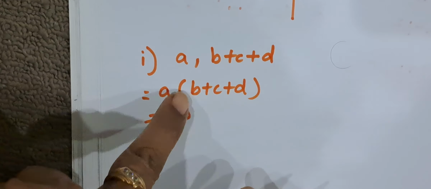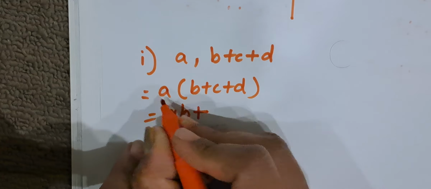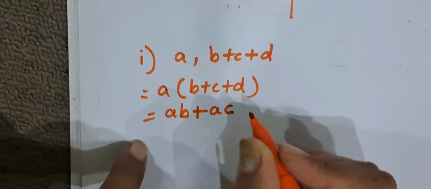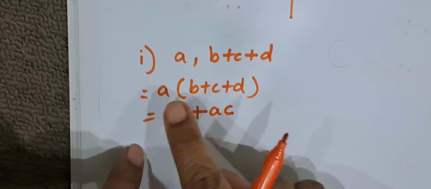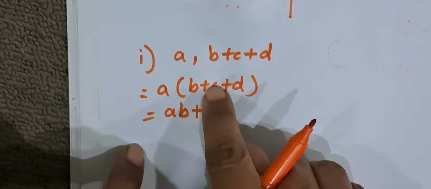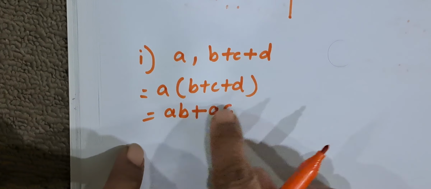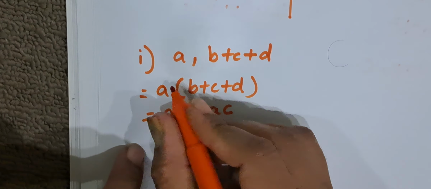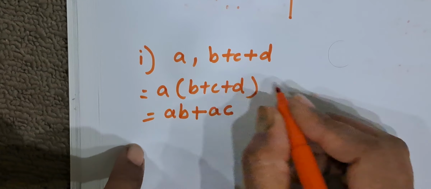Now we will leave B. We will write plus. A is getting multiplied with C. It becomes AC. See, this A gets multiplied with B once, and then A gets multiplied with C. A gets multiplied with D. That is how we multiply the expressions when there are plus signs. That is why we put B plus C plus D in the bracket.